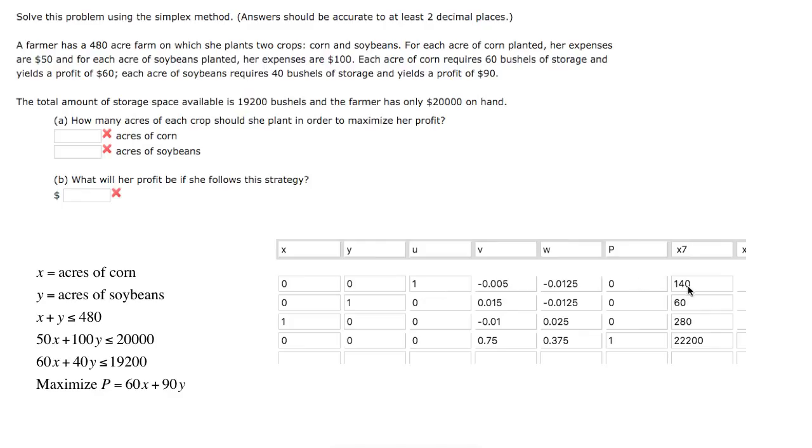So there would be 140 acres of land that are not planted. But of course, that's a consequence of simply realizing that you've planted only 340 acres of land out of the 480 that we had. So if we were asked how much land would lie fallow, it would be 140 acres.